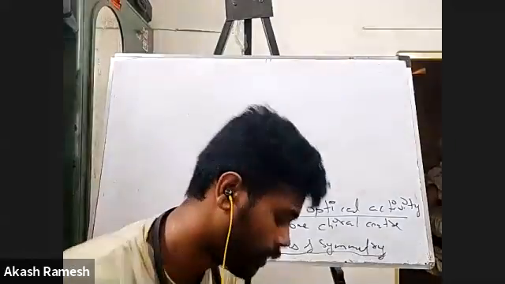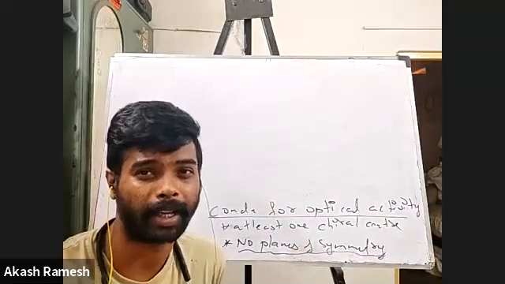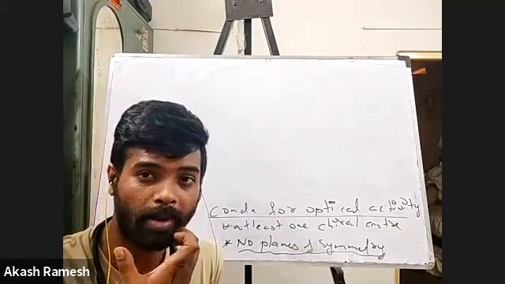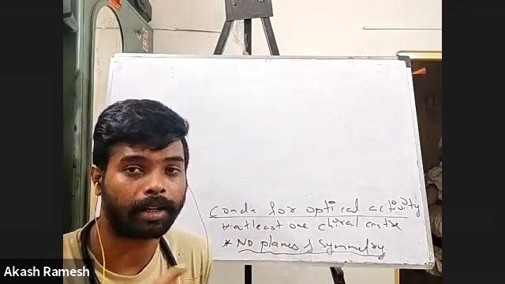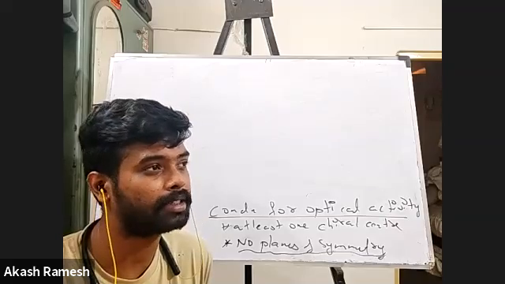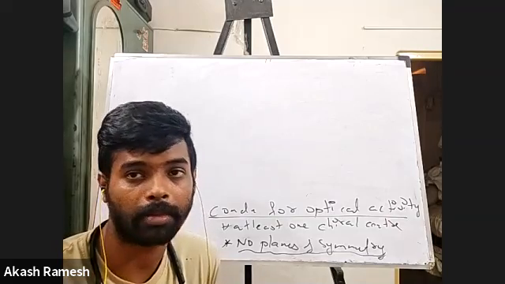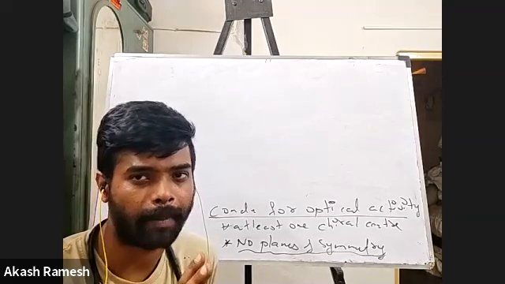So to check whether a particular compound is optically active or not, these two are the conditions. But sometimes one stereoisomer will be optically active and the other stereoisomer might not be optically active. There can be certain unexpected things happening like that.